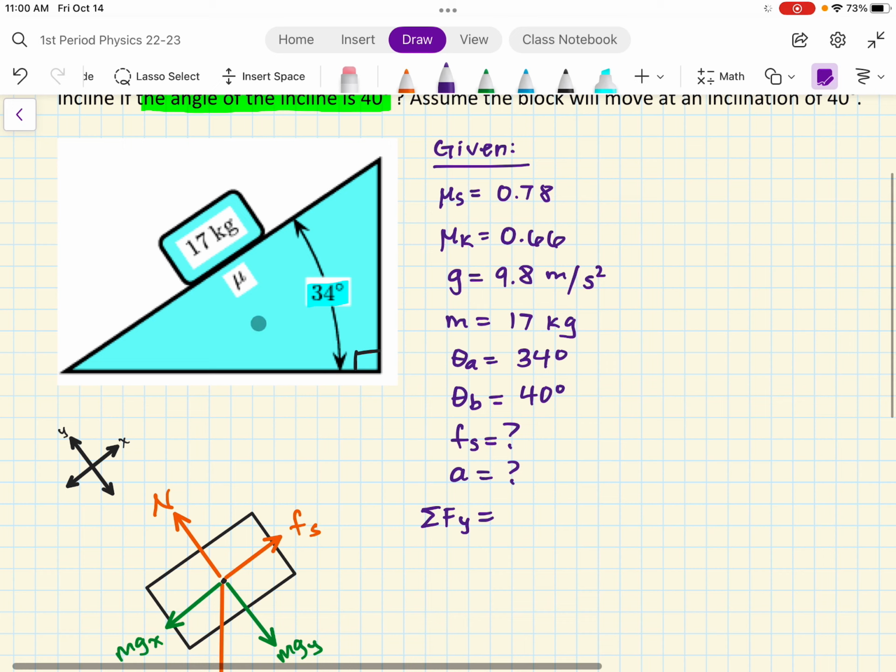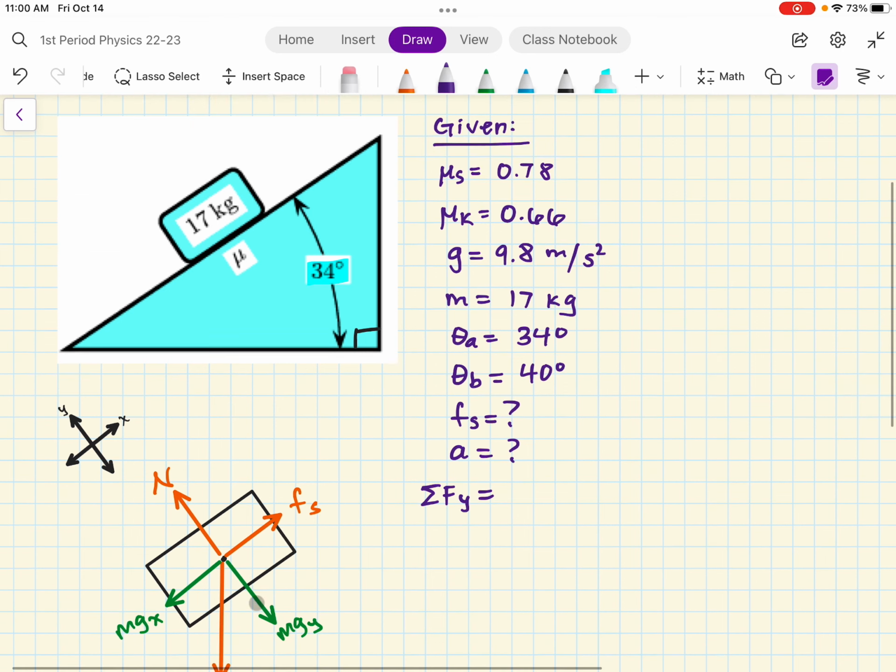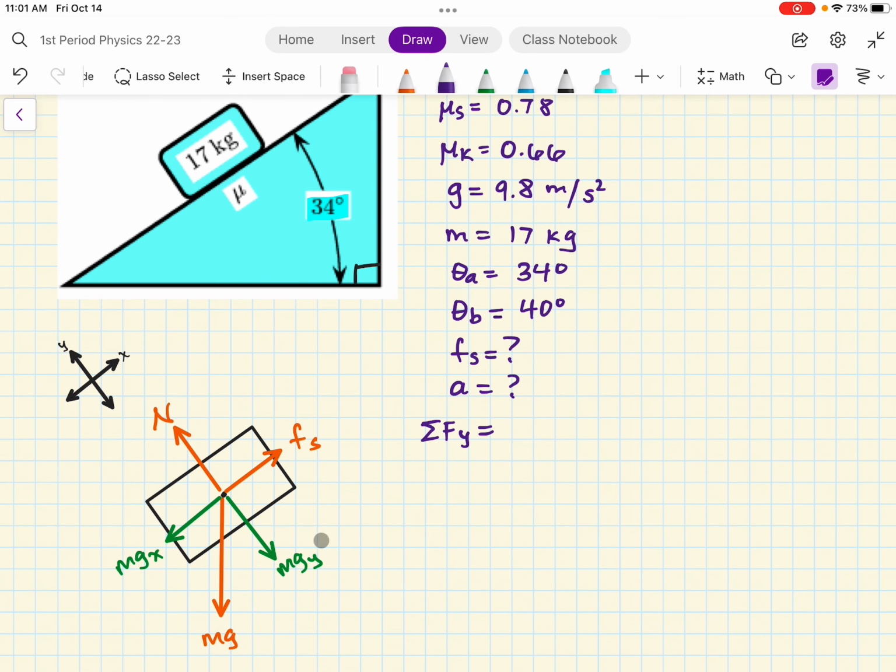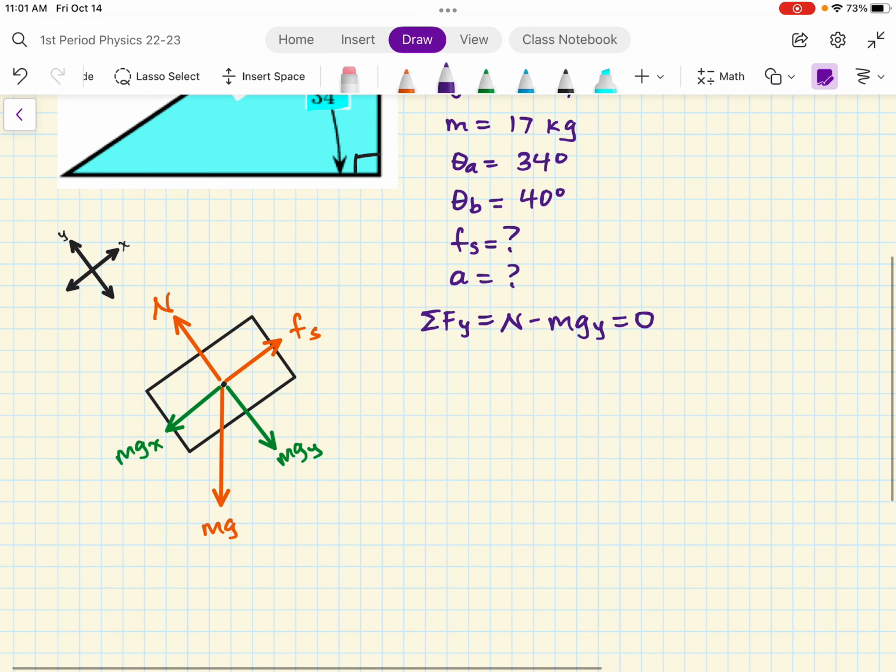It's not jumping up and down. So we can make normal positive, mgy negative, or you can make this one positive, this one negative, it doesn't really matter. We have no motion there. So I'll make normal positive. So normal minus mgy is equal to 0. We have no acceleration in that direction.